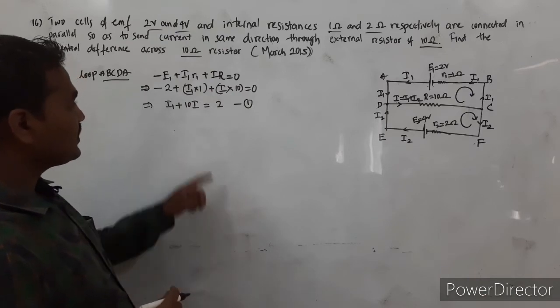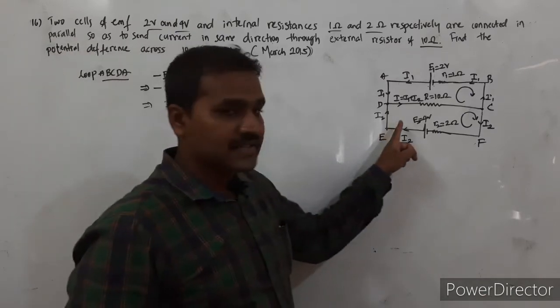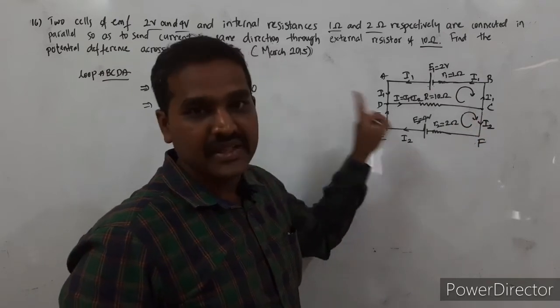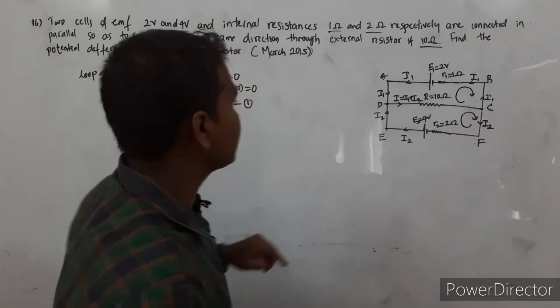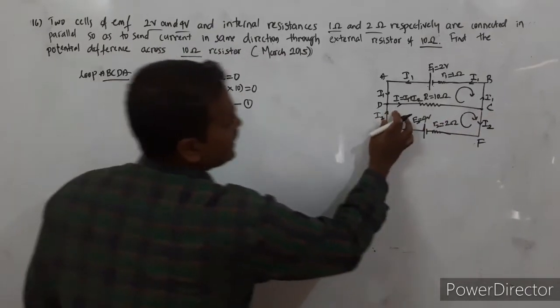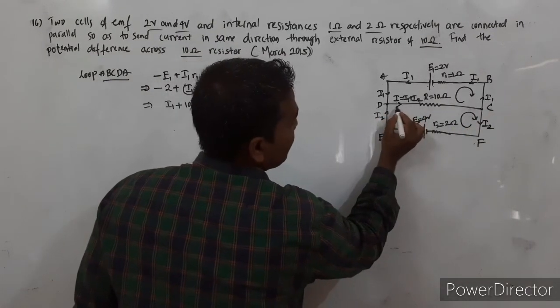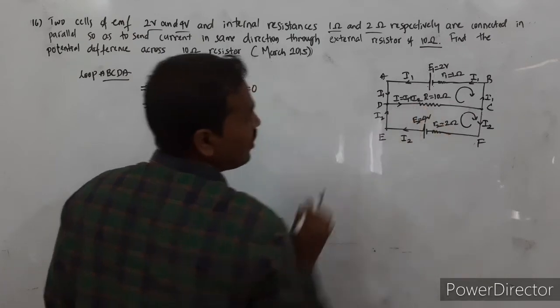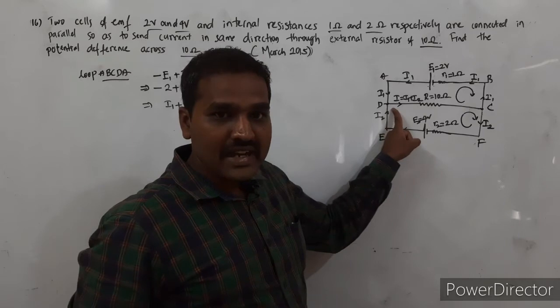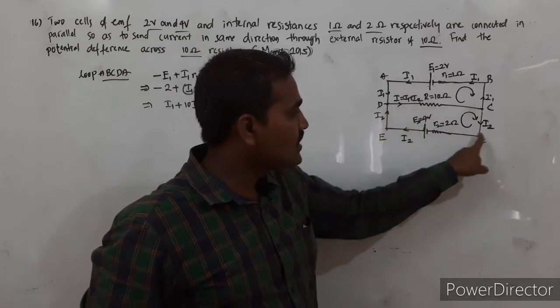Then consider the second loop D, C, F, E, D. When I consider the second loop, let us move from D to C. From D to C, there is current capital I flowing through the resistor of 10 ohm, and the direction of this current I is also clockwise, which is our assumption.